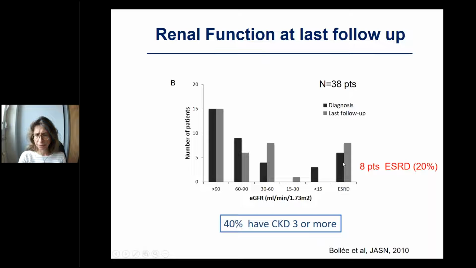As you can see here, the number of patients with end-stage renal disease increased at last follow-up, here in gray. But of course, some patients can be diagnosed early with a preserved renal function. Altogether, 20% of patients reach end-stage renal disease in this series.